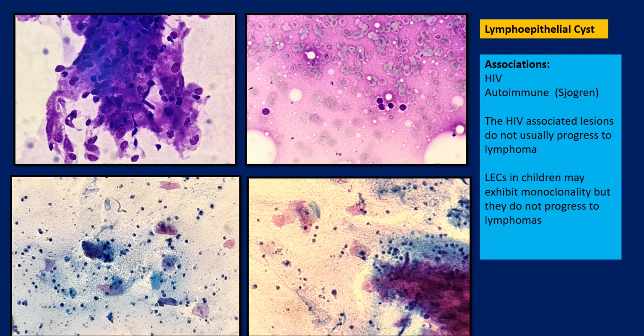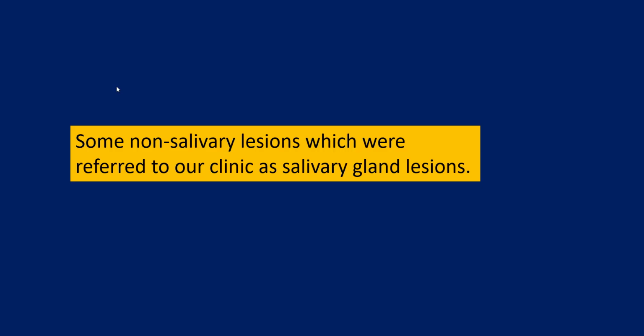So more or less the same picture as the benign lymphoepithelial lesions which you have seen before, which is a solid lesion. It could also be a cystic lesion, right? And you could have all kinds of changes: sometimes you can find squamous cells, and you will find metaplastic ductal cells and infiltration by lymphocytes, sometimes some spindle-shaped cells. This is a picture of a lymphoepithelial cyst.